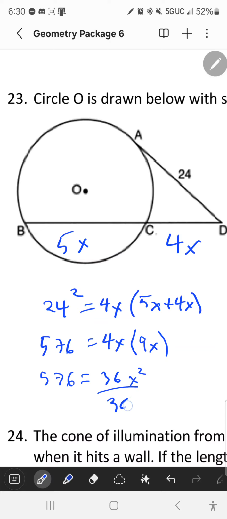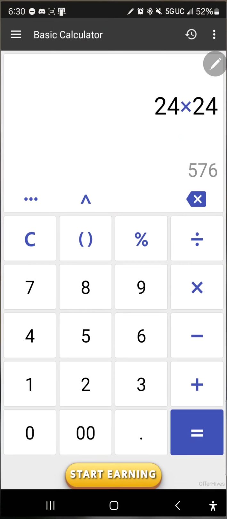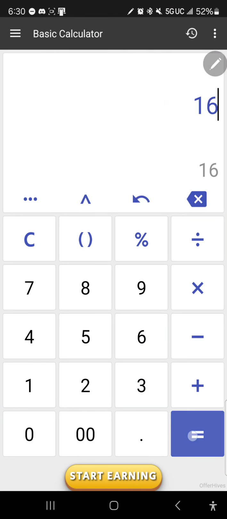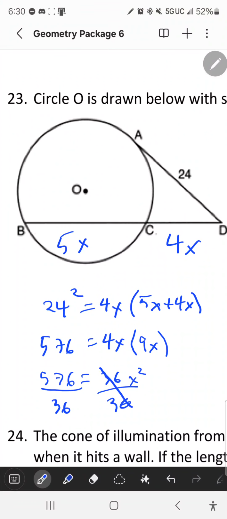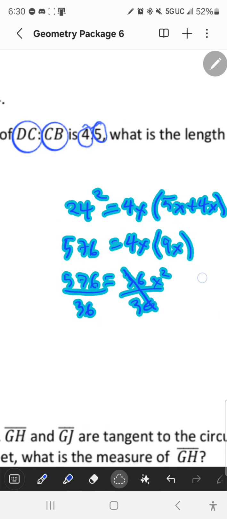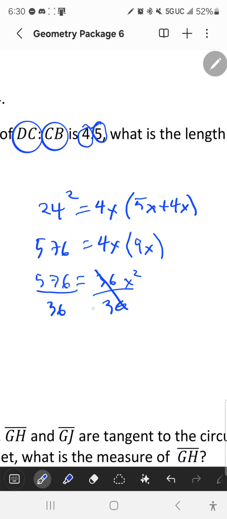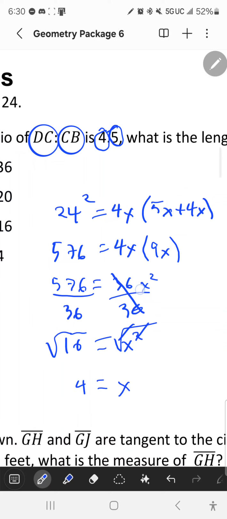So if we divide both sides by 36, 576 divided by 36 is 16. So let me put it on the side. So we have that x squared equals 16, and if we take the square root of both sides, we have that x equals the square root of 16, which is 4.